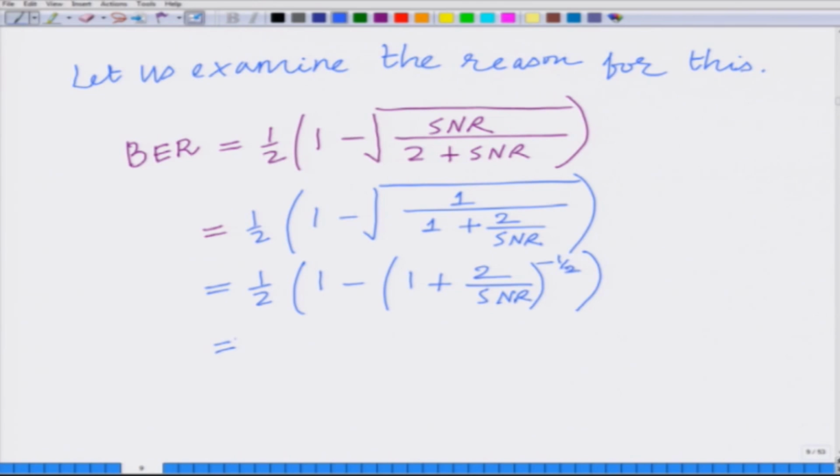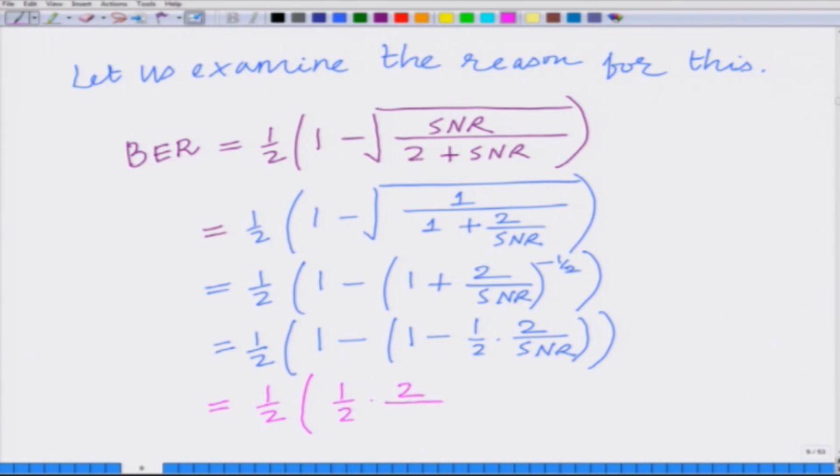Now, I am going to use an approximation at high SNR. At high SNR, if SNR is large, then 1 over SNR is a small quantity. Therefore, I can write this as half times 1 minus 1 plus 2 over SNR, which is half times 1 minus, 1 cancels, so half times 2 over SNR, which is basically equal to 1 over 2 SNR.